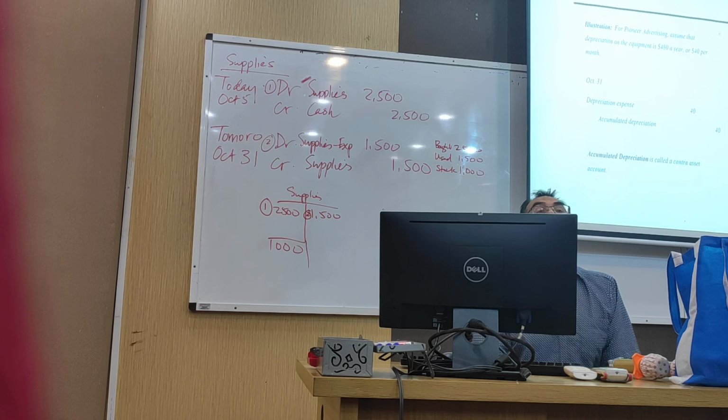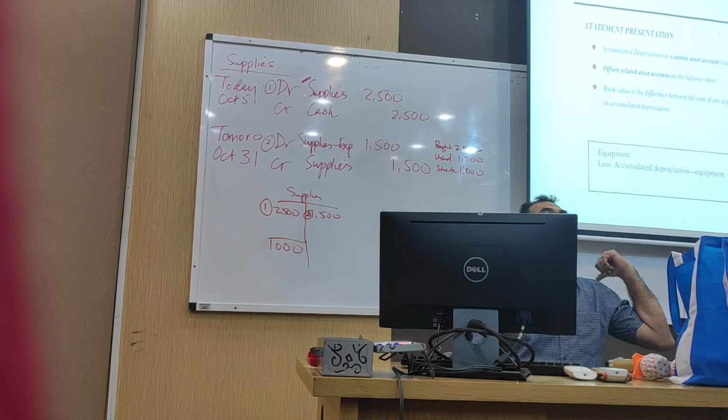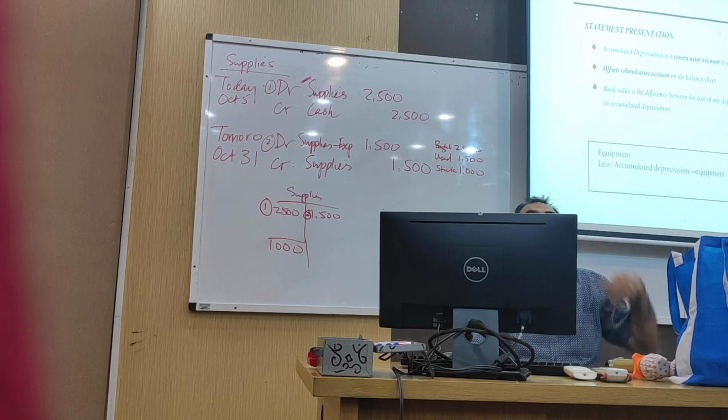So in this case, the depreciation expense is accumulated in an account called accumulated depreciation. I don't reduce my cost account. I create another account called accumulated depreciation, which serves as a contra asset account so that I can present it in my financial statements in this format.